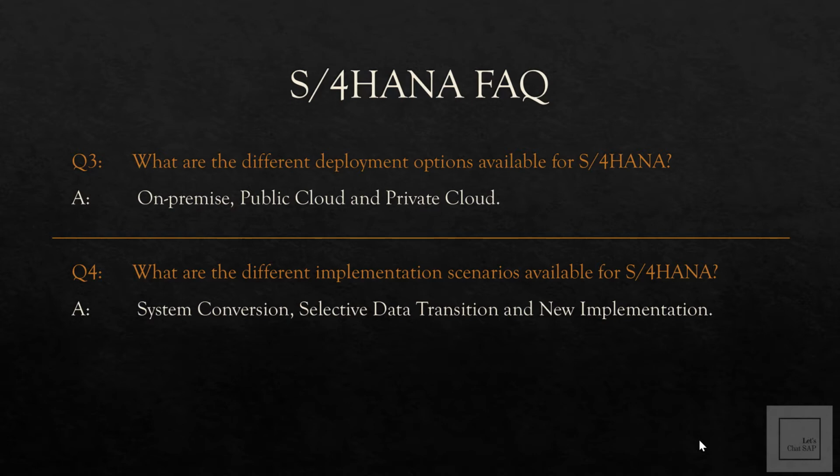So some companies choose the on-premise model because it provides them the flexibility of creating custom code, as well as they can choose to upgrade the systems at their own pace whenever they are ready or whenever it's required.